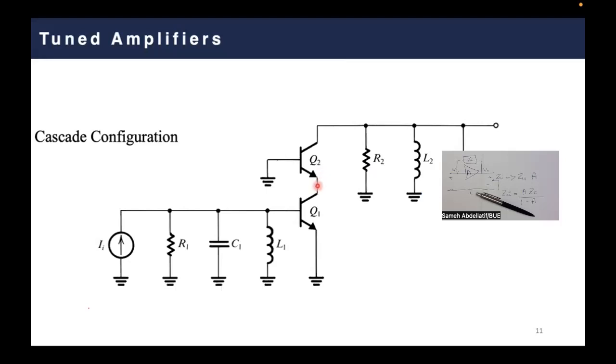Connecting here, for example, the base of Q1 to the collector of Q1, and again connecting the base of Q1 with the collector of Q2 and the base of Q2. But as you can see, you are still having capacitance, but you don't have a feedback capacitance.